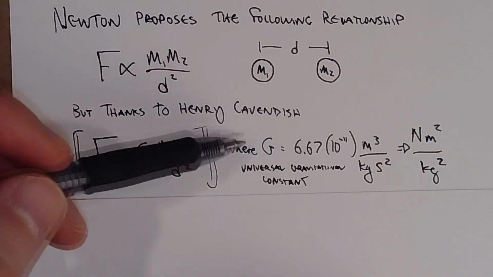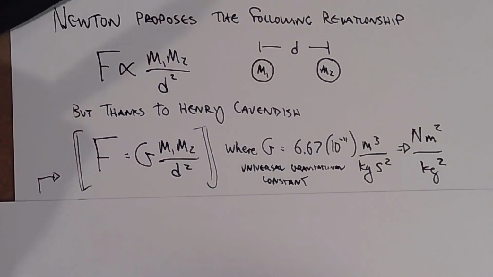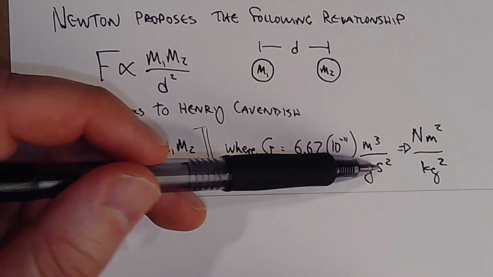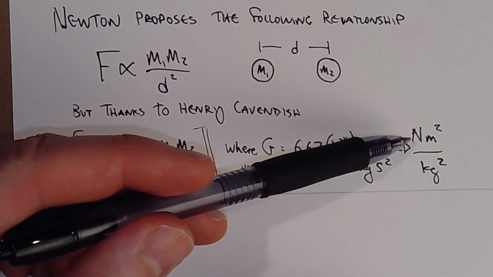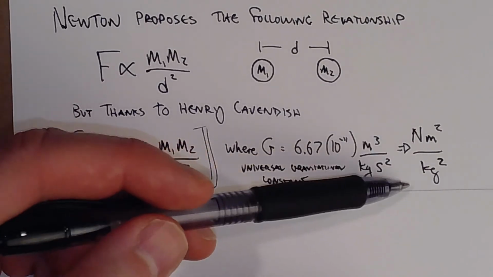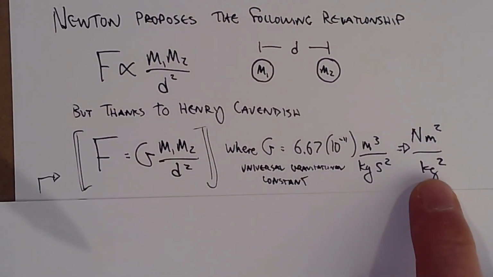And this is 6.67 times 10 to the negative 11th. Sometimes you see it written as meters cubed over kilograms second squared. More often, at least in introductory physics for sure, you'll see it as newtons meter squared per kilogram squared. And newtons meter squared per kilogram squared is the version that I'll probably be using more often than not here.